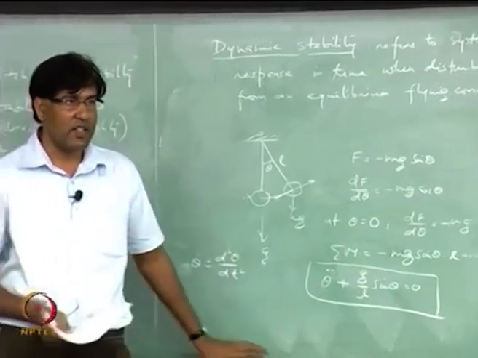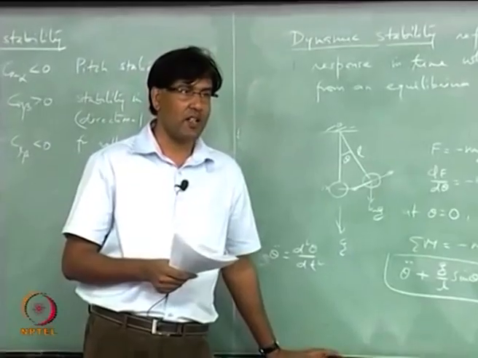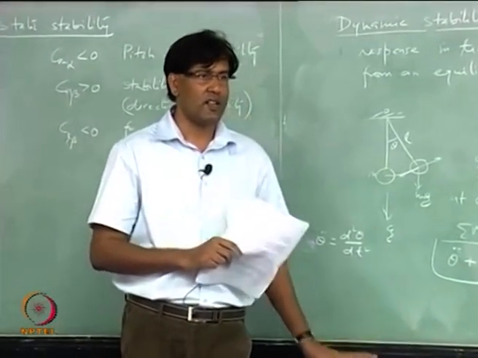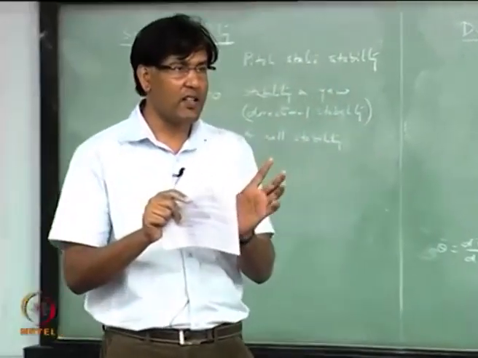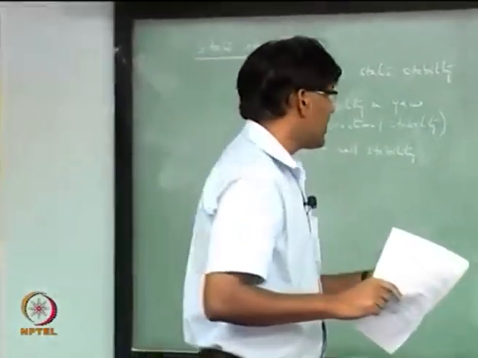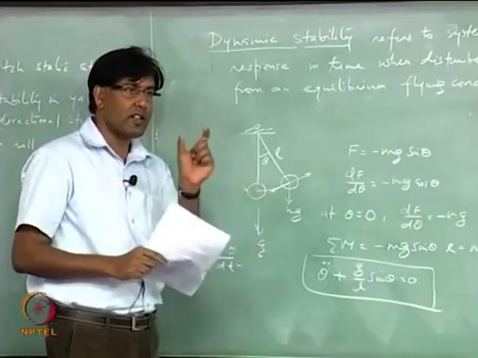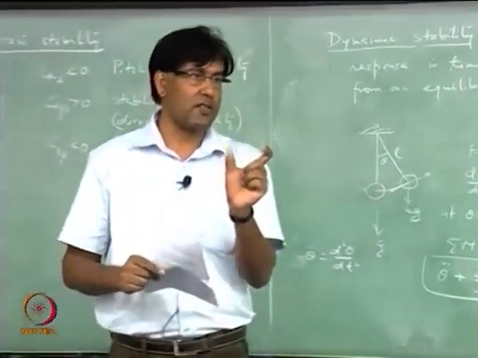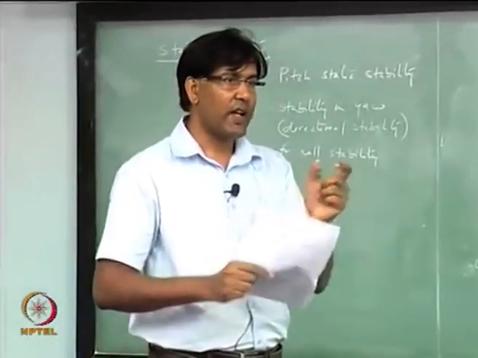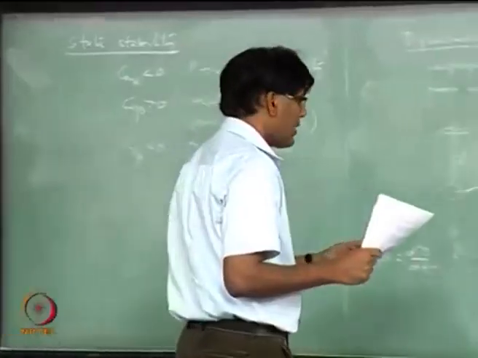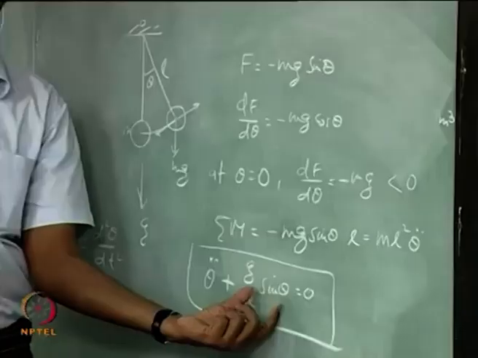Analytical solution. Is it easy or difficult to find? We are interested only in looking at the motion around this equilibrium condition, right, and the motion is the perturbed motion, right.